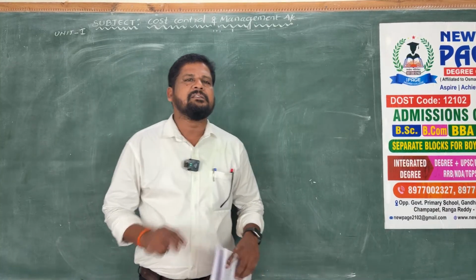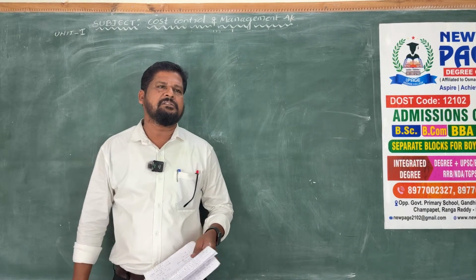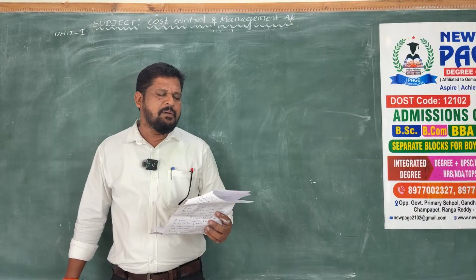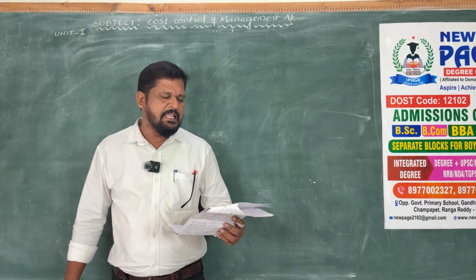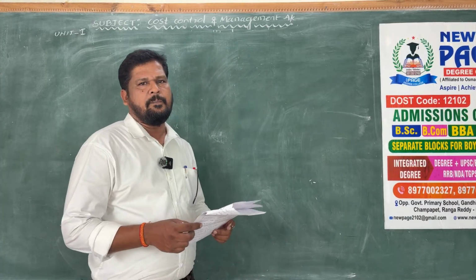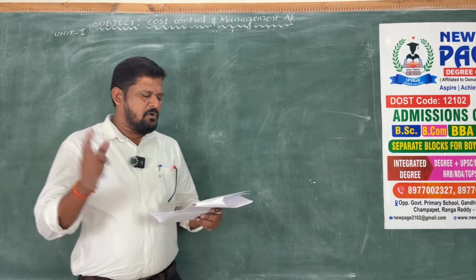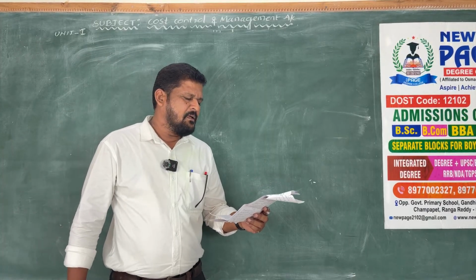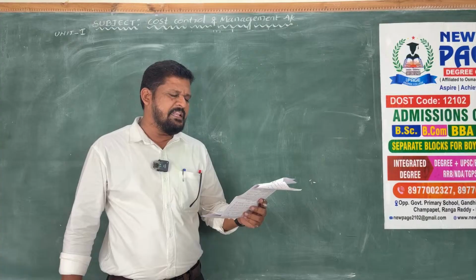Right? Next, second theory question: define budgetary control and explain the advantages and disadvantages of budgetary control. Right? So what are the advantages? First one is proper planning. Right? Second one is better coordination.